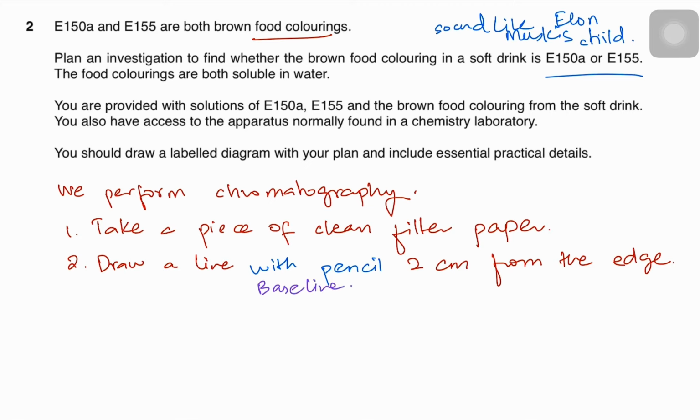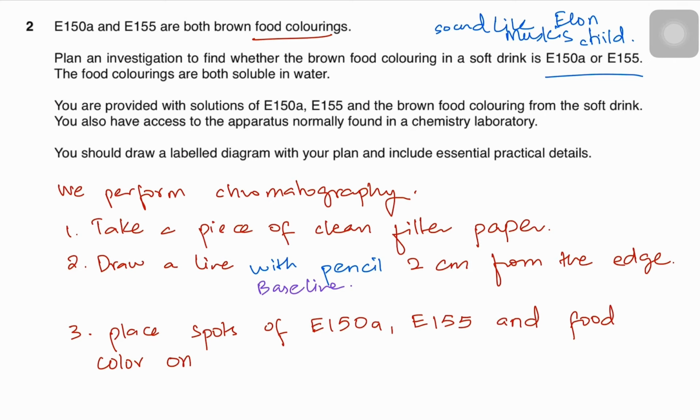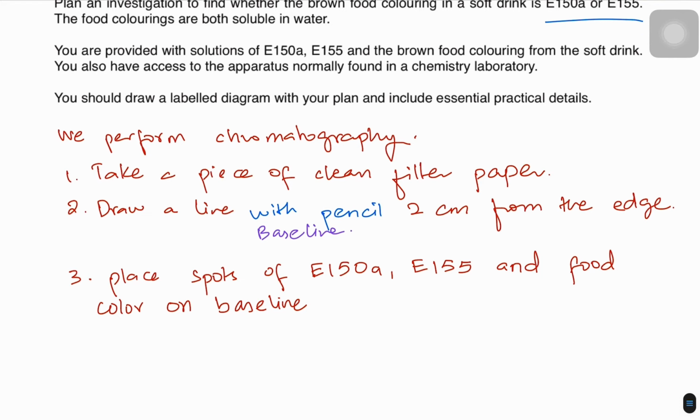What's next? So you will mention, place spots of E150A, E155 and food color on the baseline. What apparatus are you using here? So do mention it, that using a dropper.